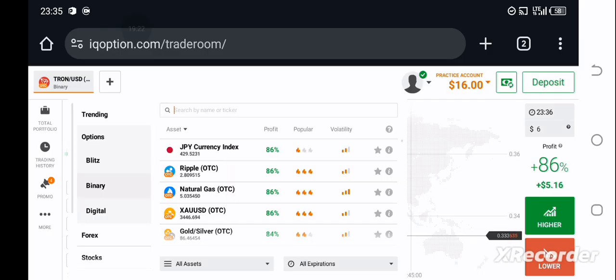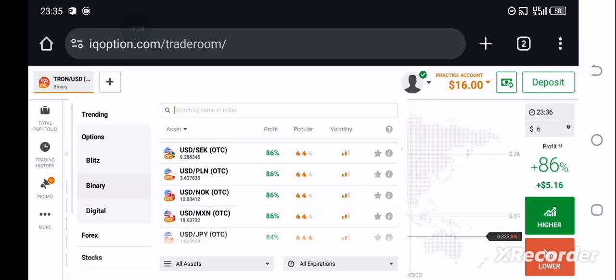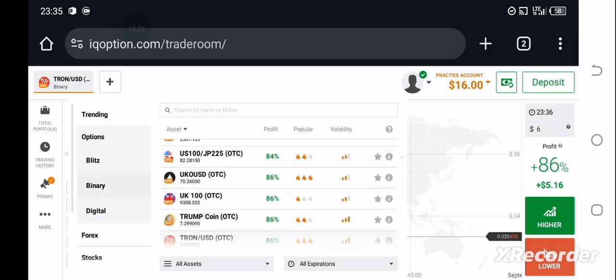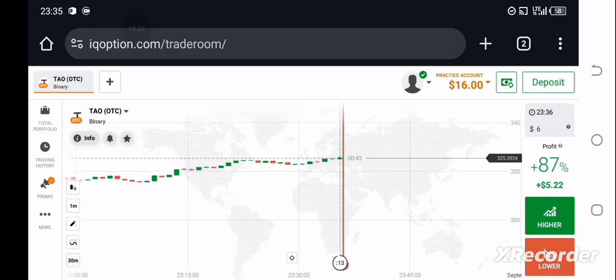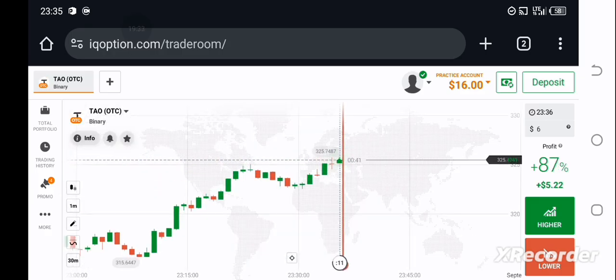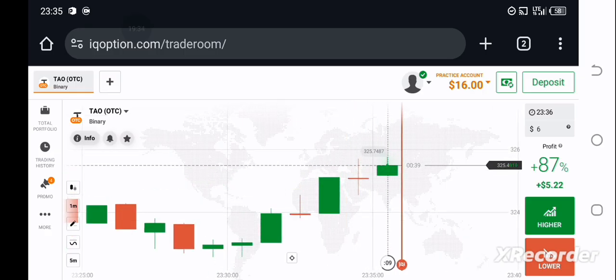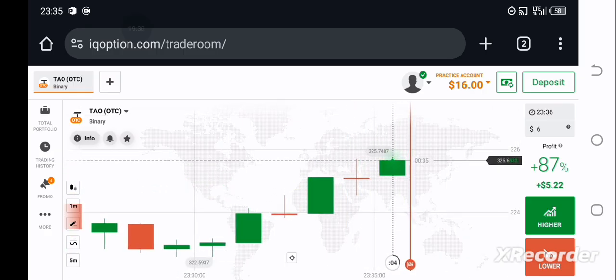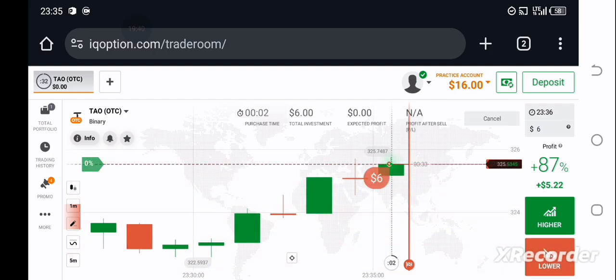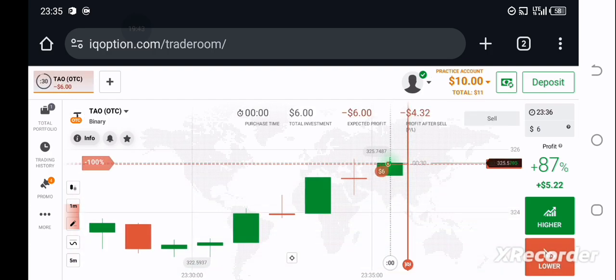Let's look out for a highly volatile market. Let me see a market with enough volatility. Now you can see there's not much volatility here, but I'm seeing rejections. So let me open with a lower trade here.